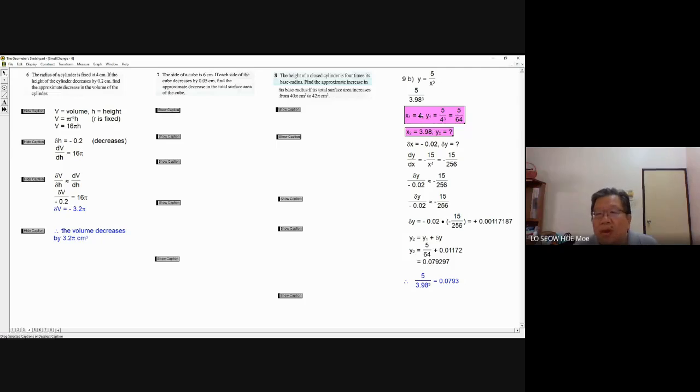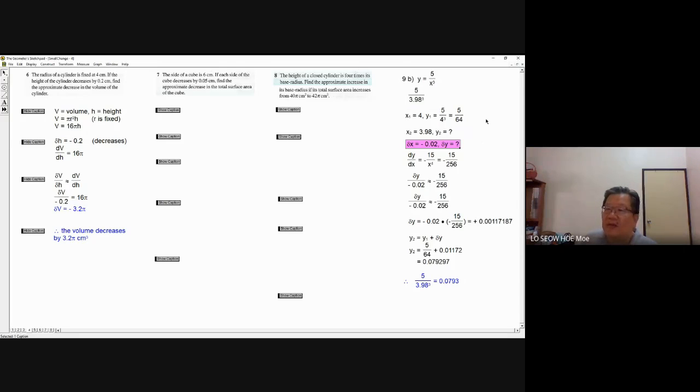So knowing these two pairs of values, X1, Y1, X2, Y2, now we want to know what is delta x and delta y. Delta x, you have to use X2 minus X1. Is X2 minus X1 a positive number or negative number?